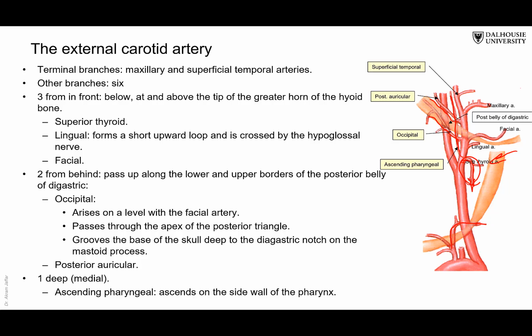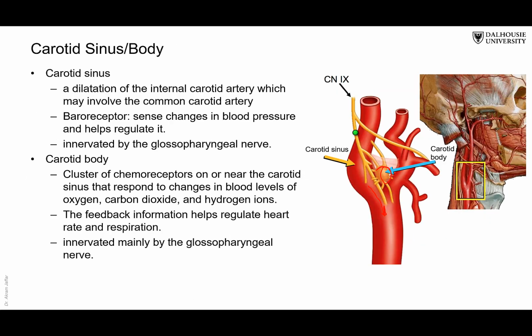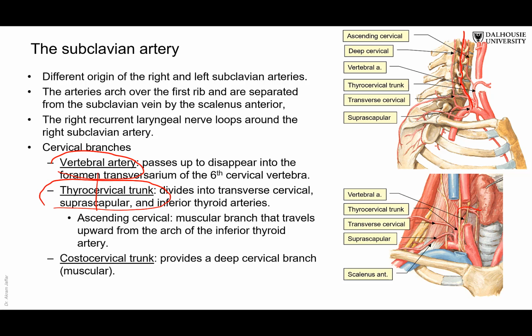It's called thyrocervical because it supplies the thyroid gland, and cervical because it sends other branches. Here we have the suprascapular, transverse cervical, ascending cervical, other branches, which contribute to the blood supply of the neck.